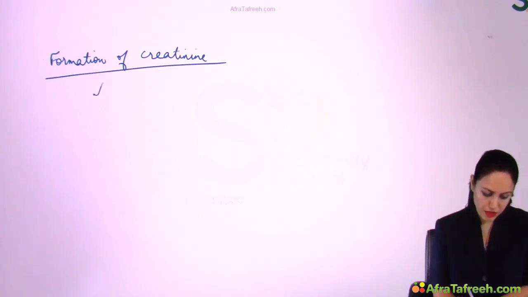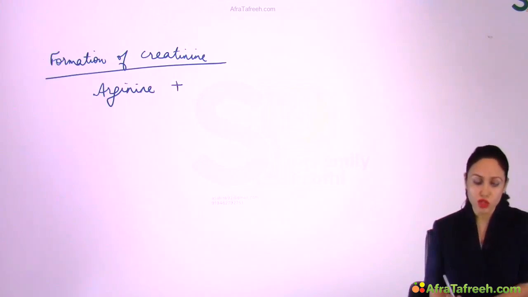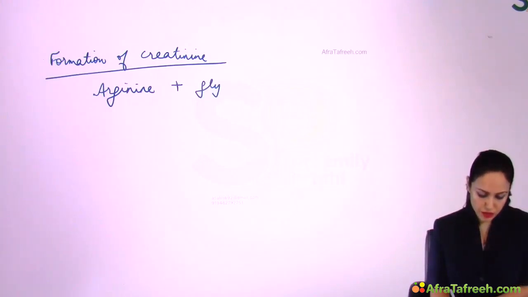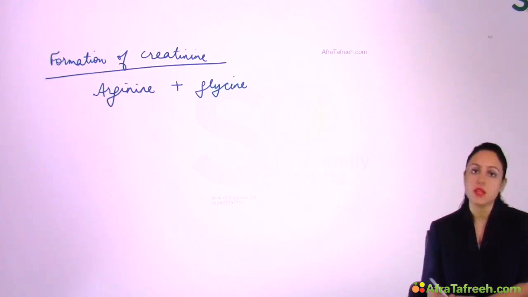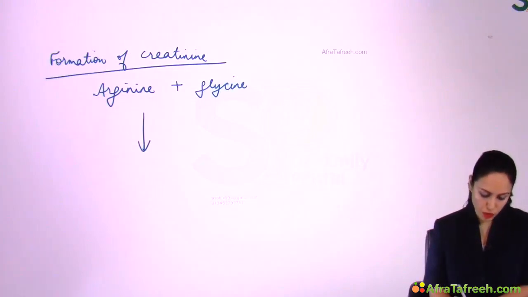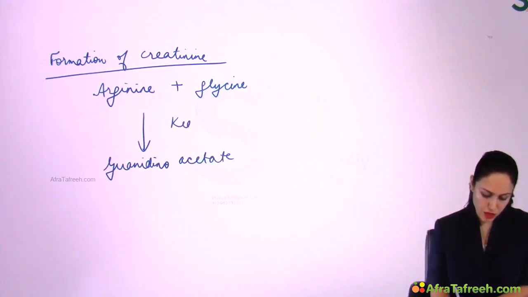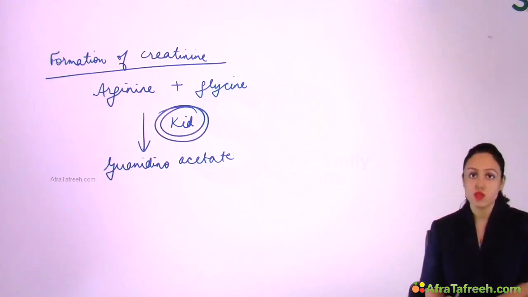Here the starting material is a basic amino acid, that is arginine. Arginine combines with another amino acid, glycine. They both join to form guanidinoacetate, and this reaction occurs in the kidneys.